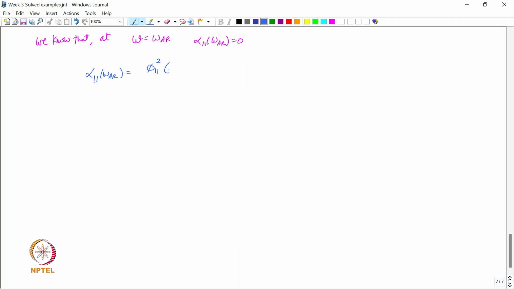So, phi 1 1 square (omega 2 square minus omega ar square) plus phi 1 2 square (omega 1 square minus omega ar square), correct, divided by (omega 1 square minus omega ar square) into (omega 2 square minus omega ar square).